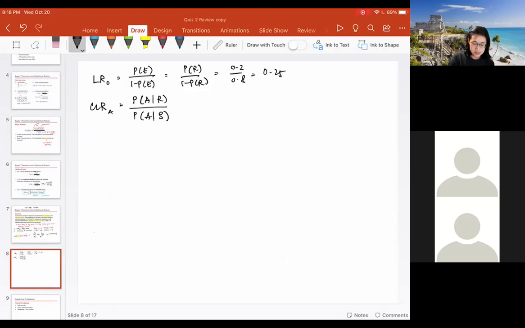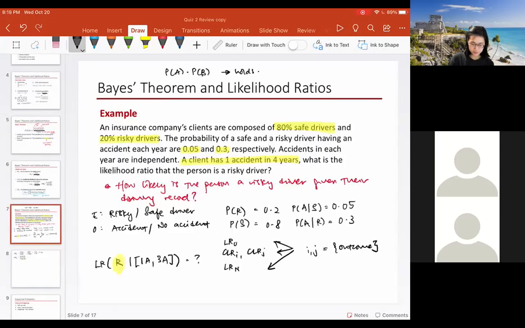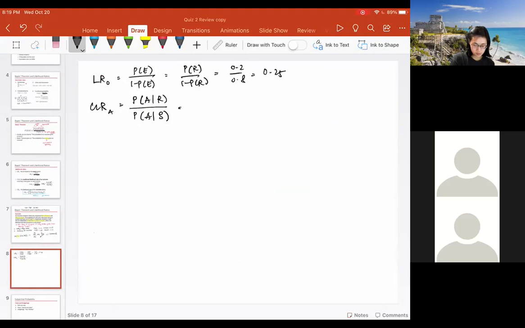Because this is the conditional probability of only one outcome, of the outcome of an accident, this bit right here stays the same. This bit right here changes. 2 events, both complementary to each other, given one outcome, right? So you know it to be 0.05 and 0.3. So 0.3 over 0.05. This is just 6, right?